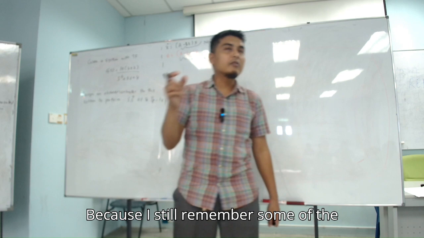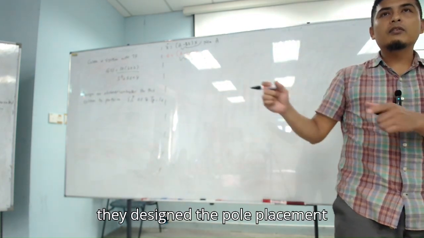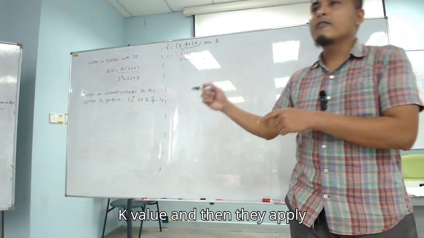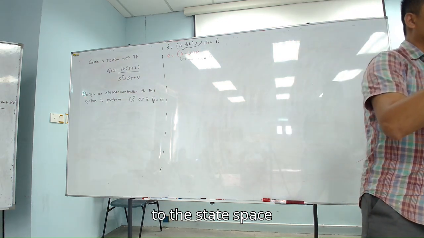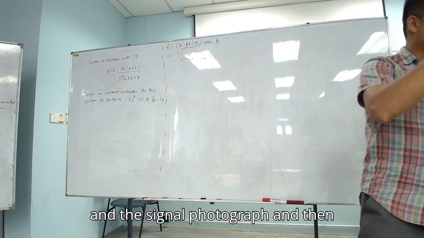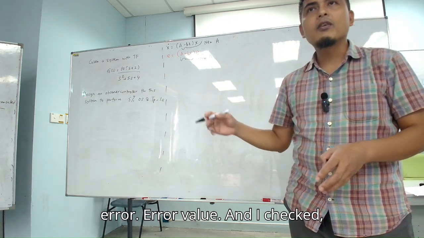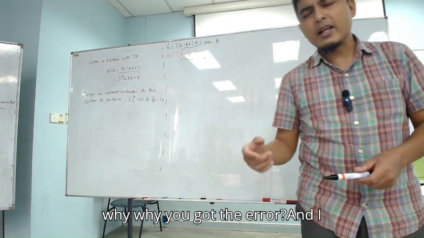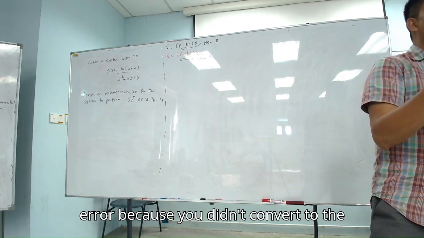I still remember some of the students demonstrated to me, they designed the pole placement controller, and then they got the K value, and then they applied it to the state space and the signal flow graph, and got an error value. I checked, why did you get the error? I troubleshot again. Oh, you got the error because you didn't convert to the PVF.